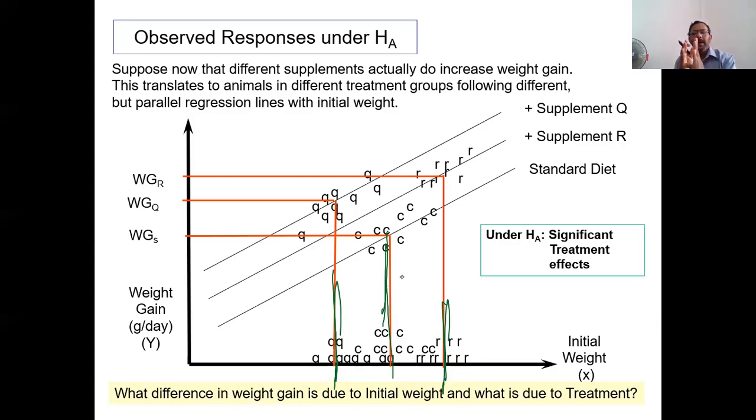All three groups of initial weight could be brought into one line. For example, I want to bring this into this direction, this into this direction, as an example. Then how does it look? So that is the basis of this ANOVA.